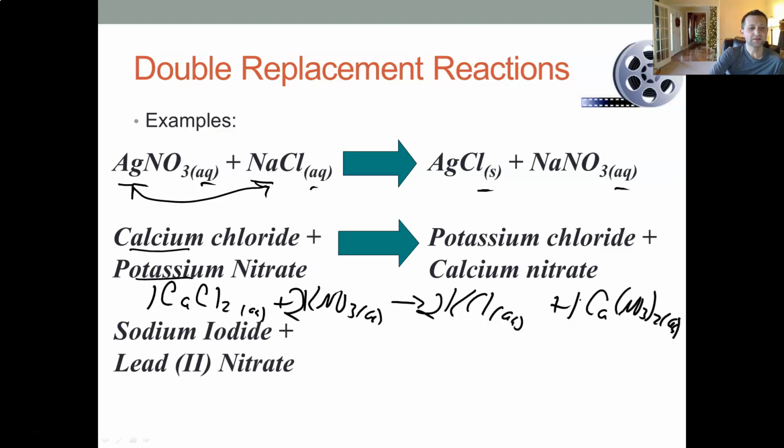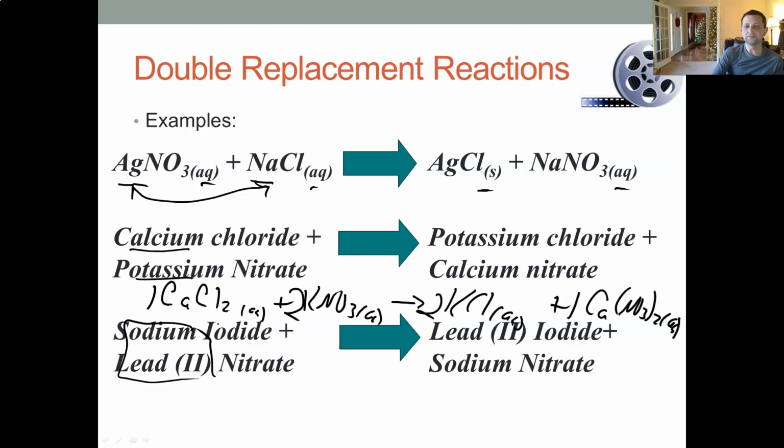Last one, sodium iodide plus lead-2 nitrate. So the sodium and the lead-2 will switch partners. And you'll create sodium nitrate and lead-2 iodide.